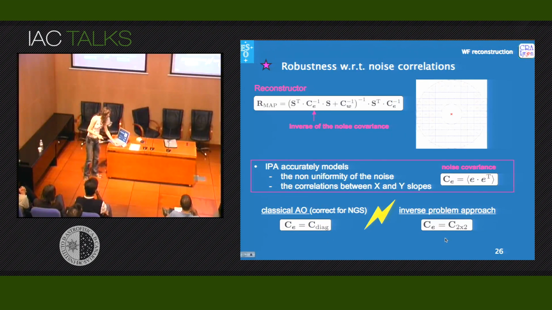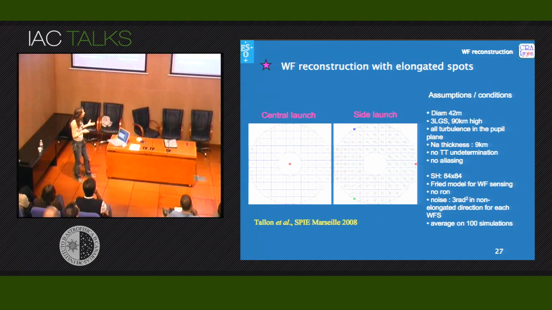And if you launch from 3 different positions around the primary mirror, the 3 wavefront sensors will see the elongation differently. And it has been shown by my colleagues that if we take into account this non-uniformity, we improve seriously the wavefront reconstruction for side launching.